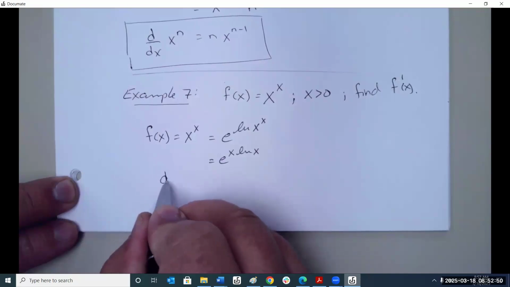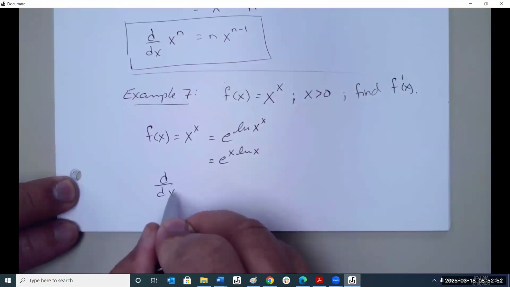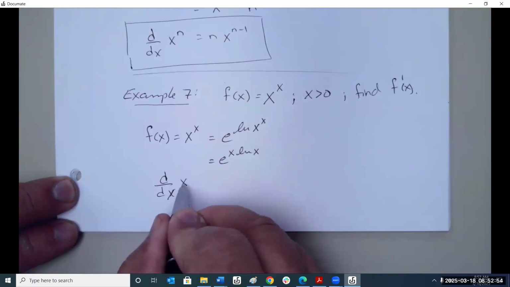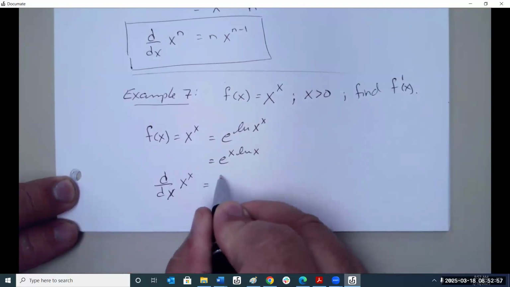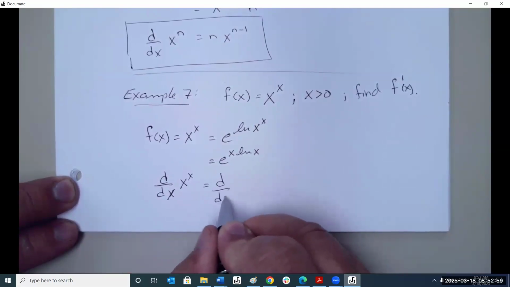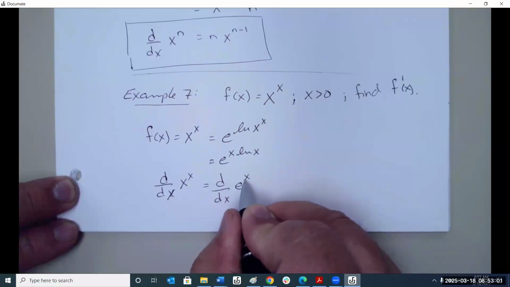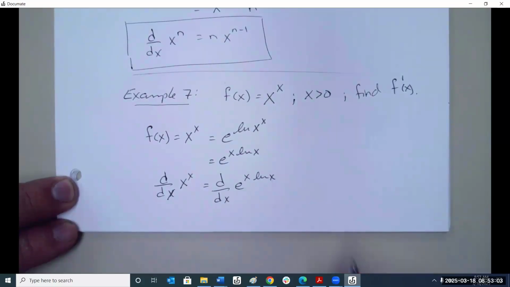So the derivative of x to the power x is the same as the derivative of e to the x ln x.